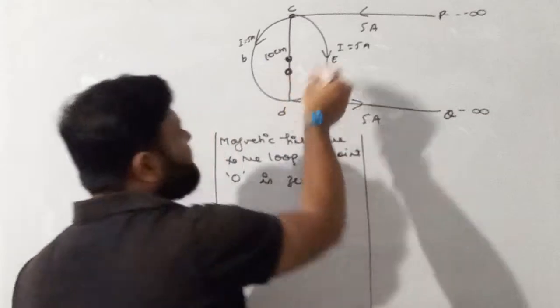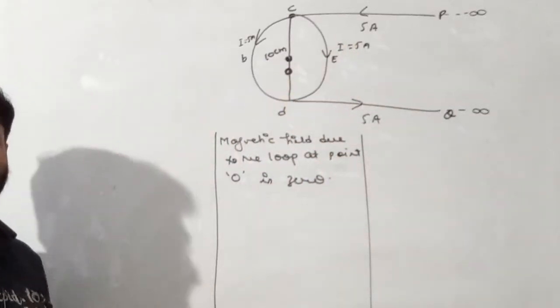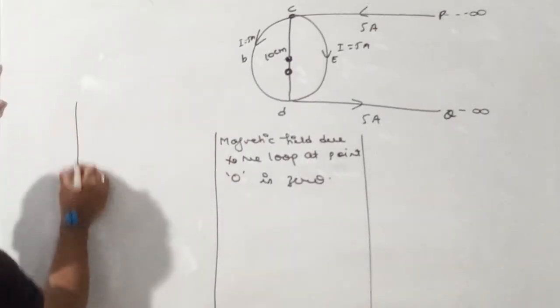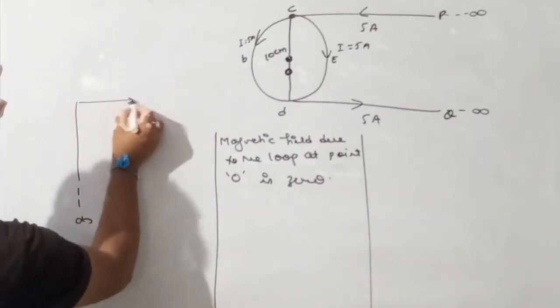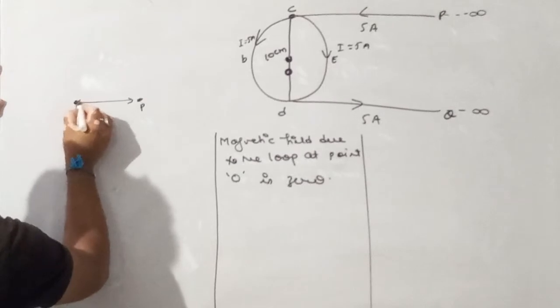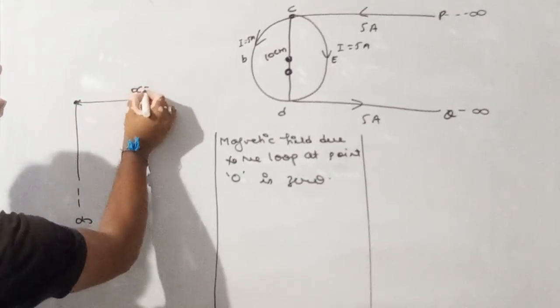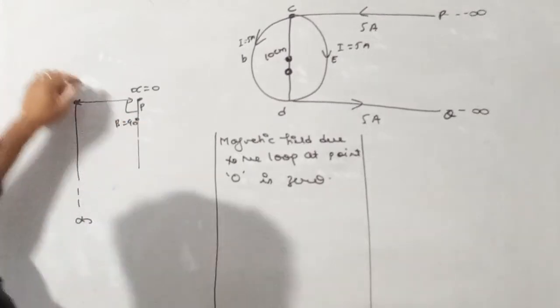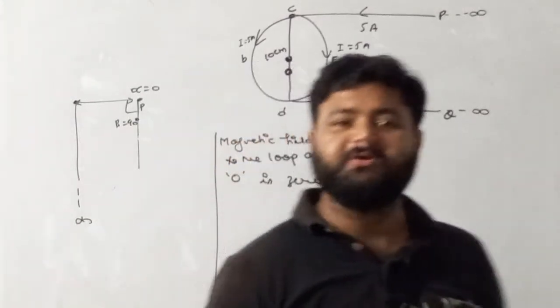So both wires are considered semi-infinite wires. Remember, for a semi-infinite wire, alpha becomes 0 and beta becomes 90, because the other end of the wire tends to infinity.